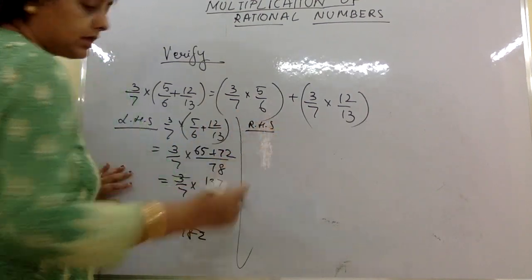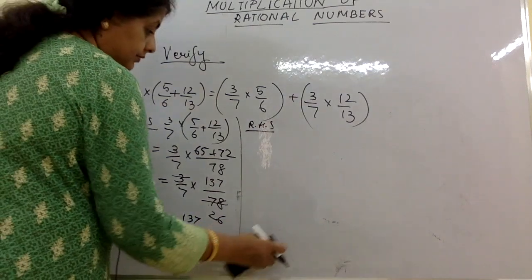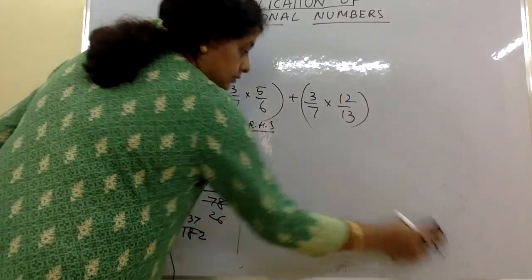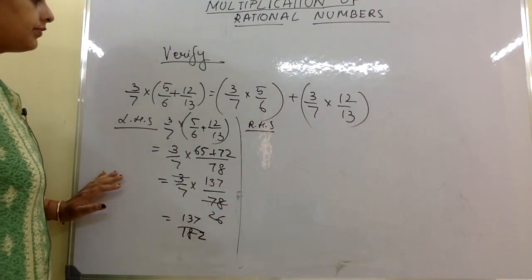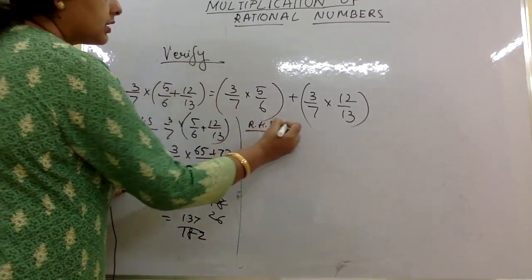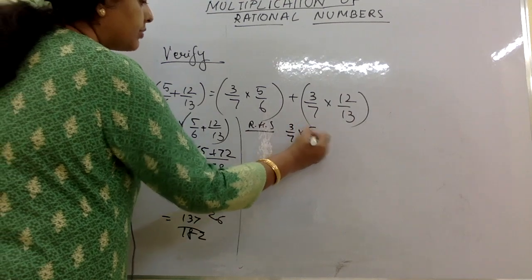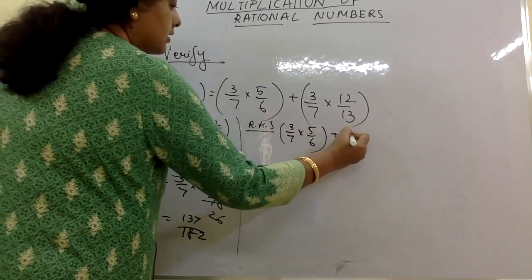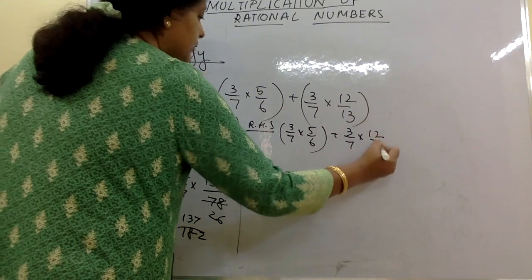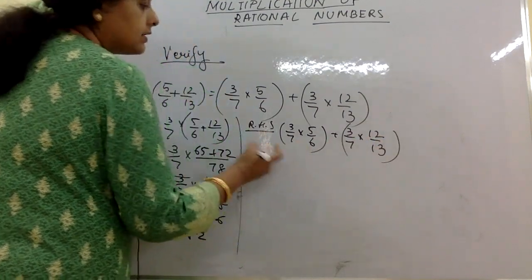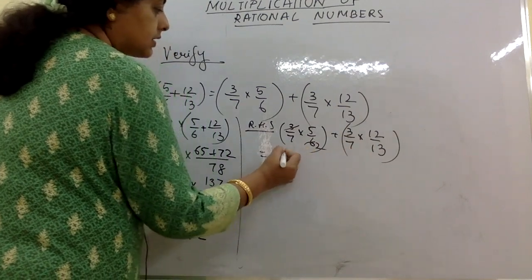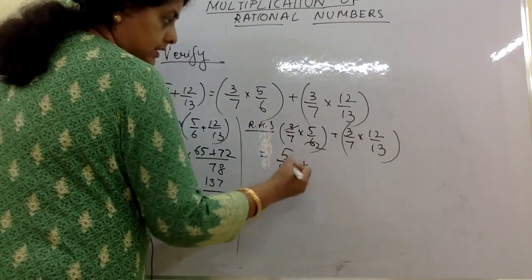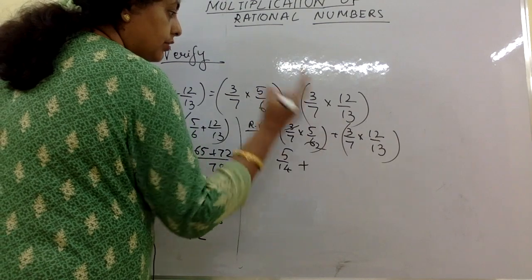We'll take the RHS. Now in the RHS, it is 3 by 7 into 5 by 6 plus 3 by 7 into 12 by 13. Okay, so we'll see if anything goes. Nothing goes here. This is 5 by 14 plus, remember the sign, don't make it into and you go wrong.